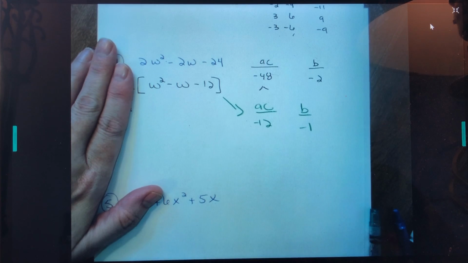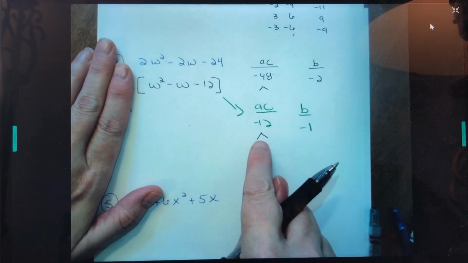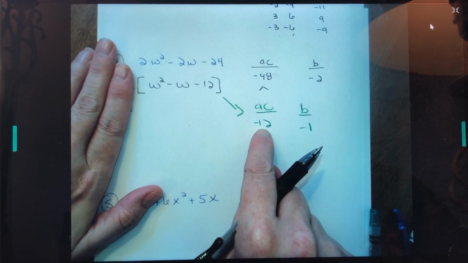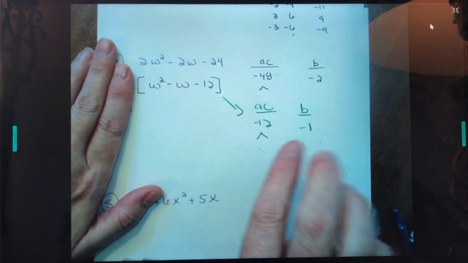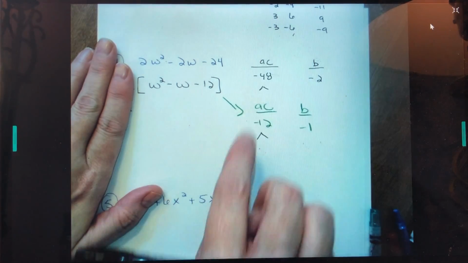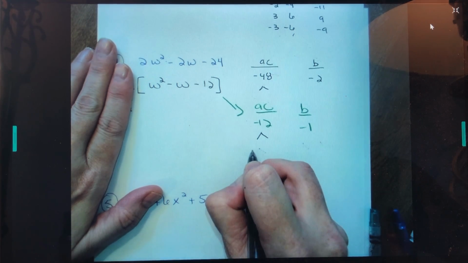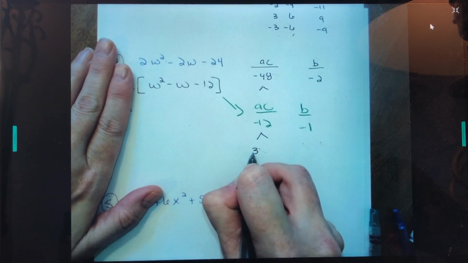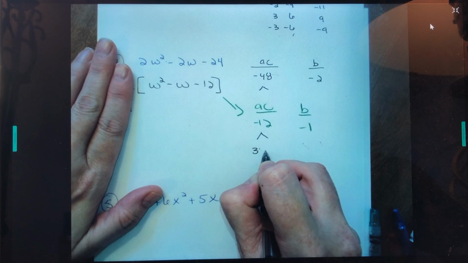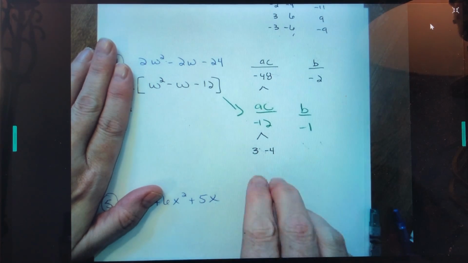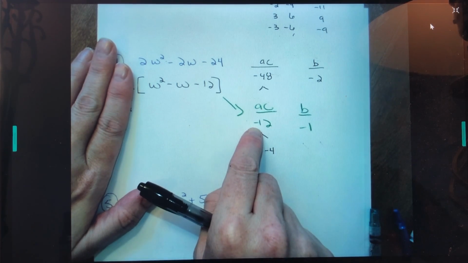So now as I try to look for two numbers that multiply to get negative 12 and add to get negative 1, and if I go through that process of listing the factors, what I will realize is that as soon as I get to the pair that is 3 times negative 4, because this A times C is negative.